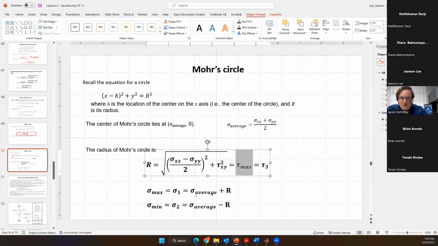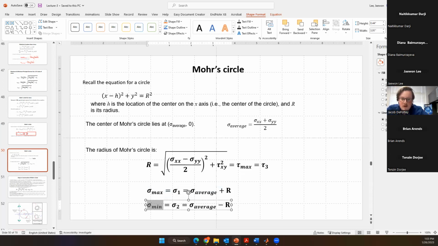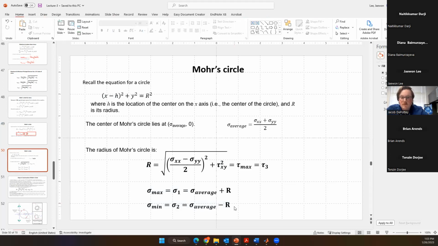The maximum normal stress is the average normal stress plus the radius. The minimum normal stress is the average normal stress minus the radius. So we can understand the mechanical properties very easily.